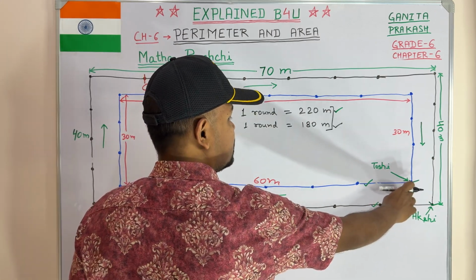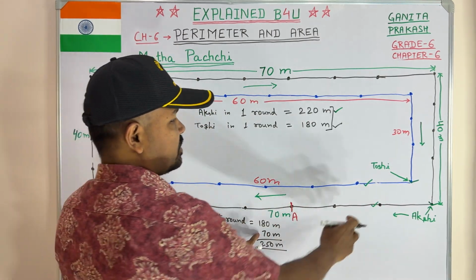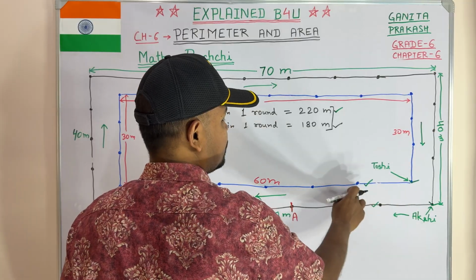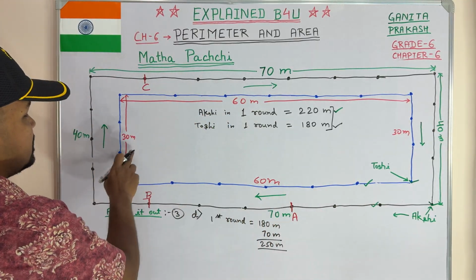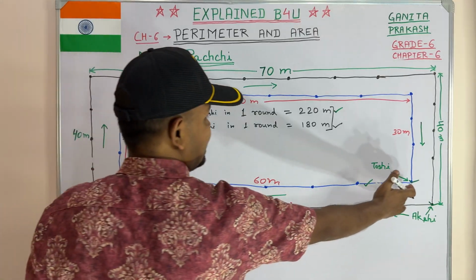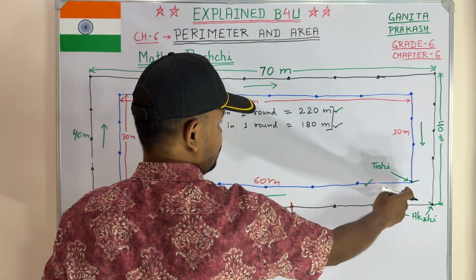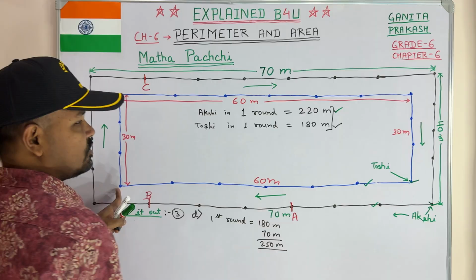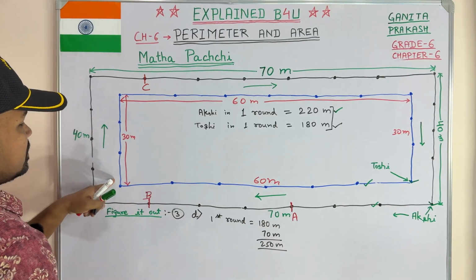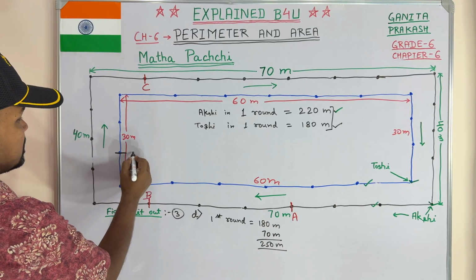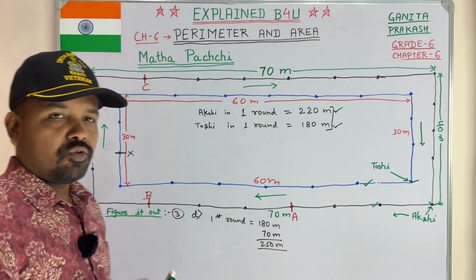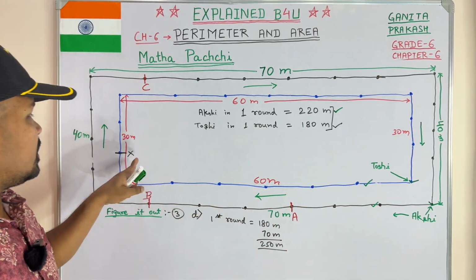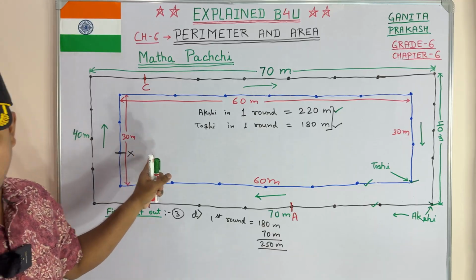From here again she has to cover 70 meters. So 70 meters will be 1, 10, 20, 30, 40, 50, 60 and 70. This length is 60. So 180 plus 60 is 240 and 10 more. Point will be X, 250 meters. So after 250 meters, Toshi will be here at this point in the inner track.